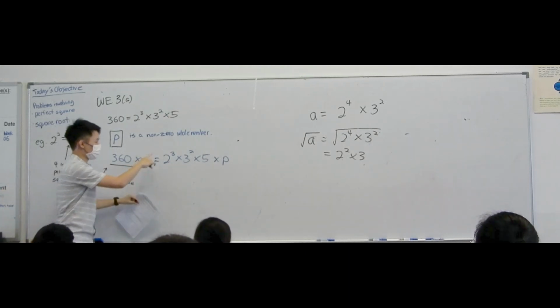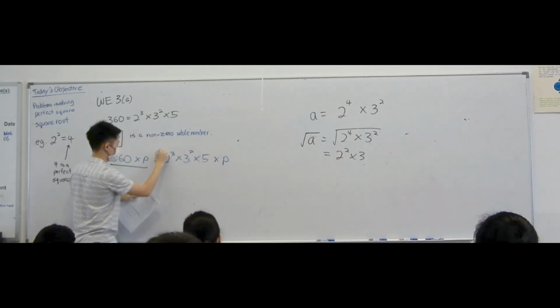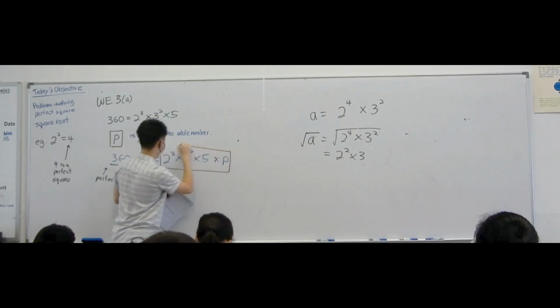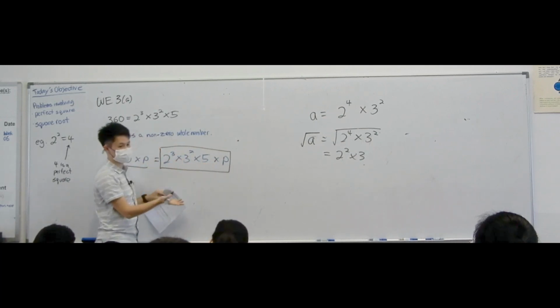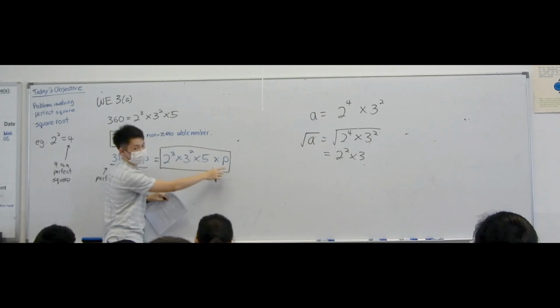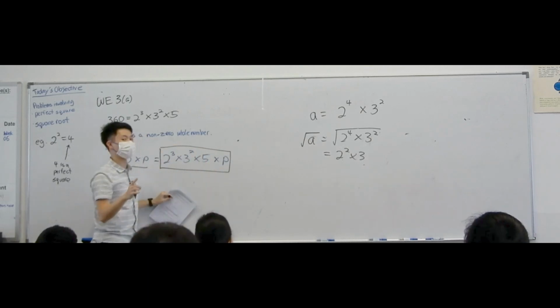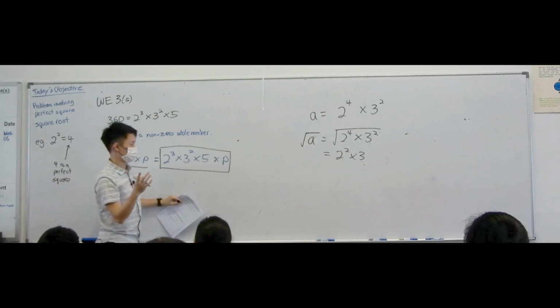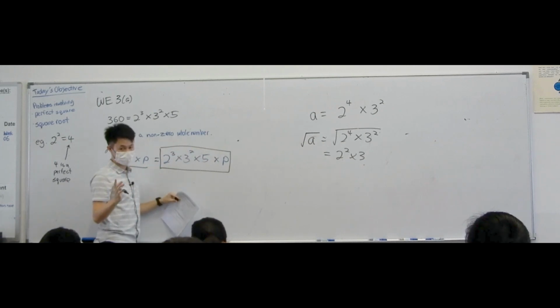So if this entire thing is a perfect square, how can I make all of this become a perfect square by multiplying a certain number P? I say again, this requires a bit of trial and error. How can I multiply P such that all this becomes a perfect square?